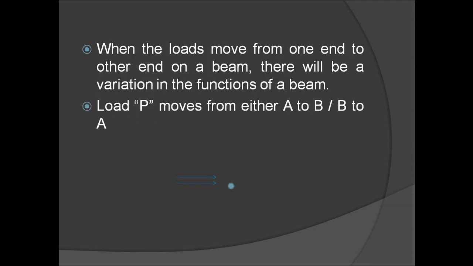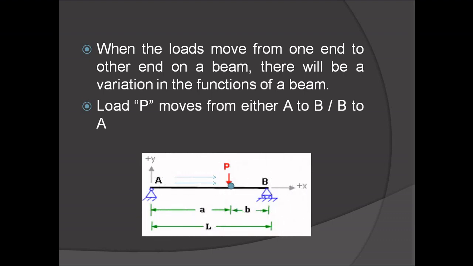When the load moves from one end to another end on a beam, there will be a variation in the functions of a beam. As shown in the figure, this load P is moving from A to B or from B to A. This circle shape represents a moving load, a point moving load, right?